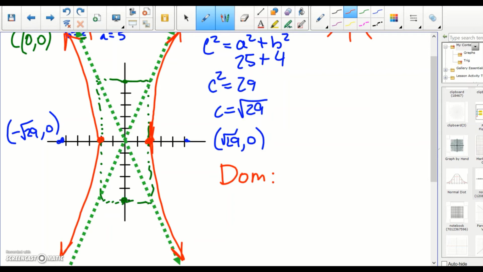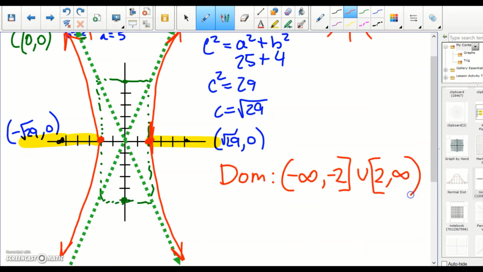We are talking about going from negative infinity to negative 2 inclusive, unioned with starting back up again at 2 to positive infinity. If you look at the range, the y values are covering everything. So the range is all real numbers, negative infinity to positive infinity.